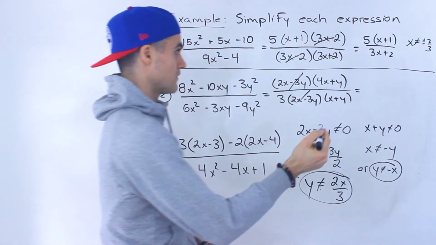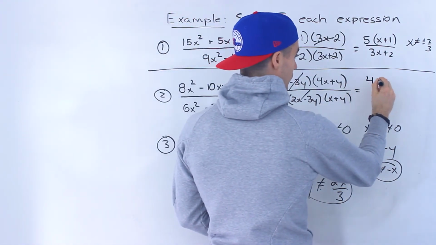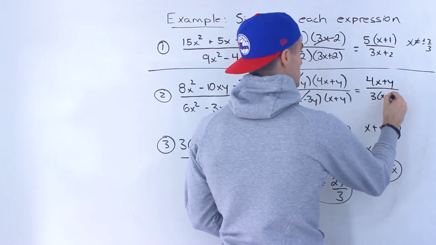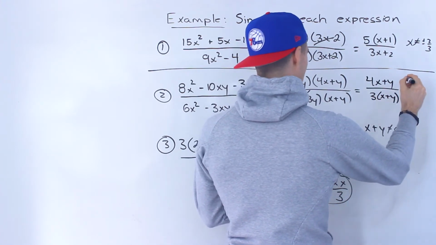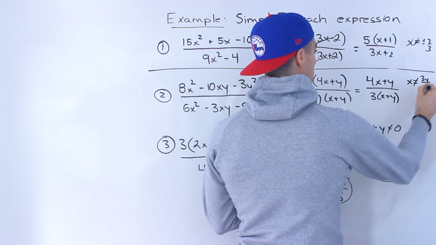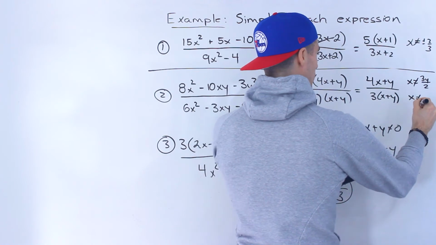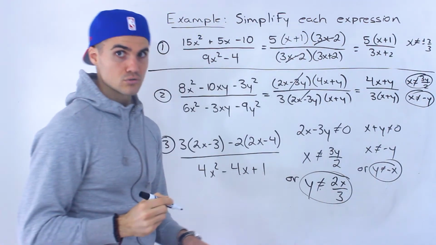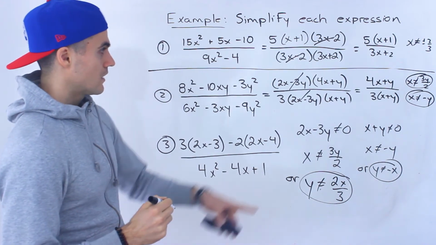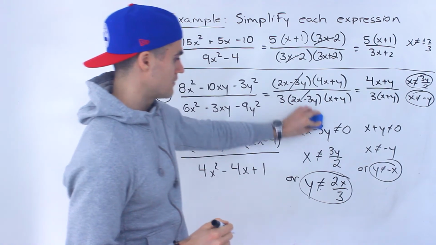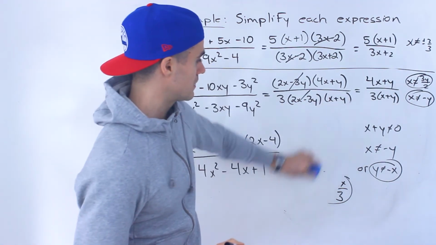So now we simplify, so our final answer ends up being 4x plus y over 3 times x plus y, and basically x cannot equal 3y over 2, and x cannot equal -y. Those are our two restrictions. Right? So this here ends up being the final answer when we simplify that rational expression right there.